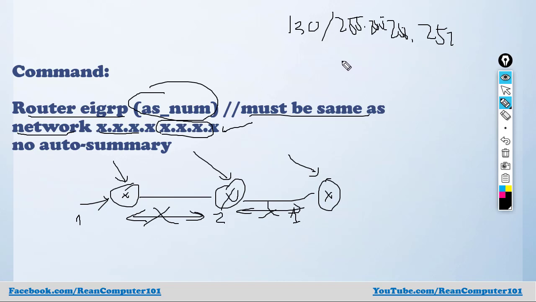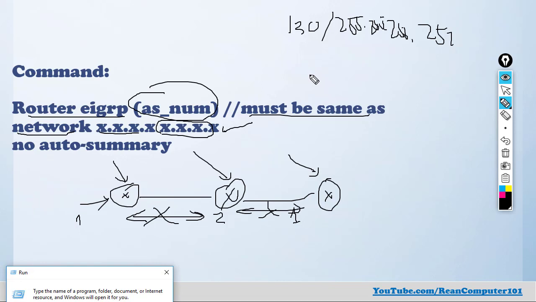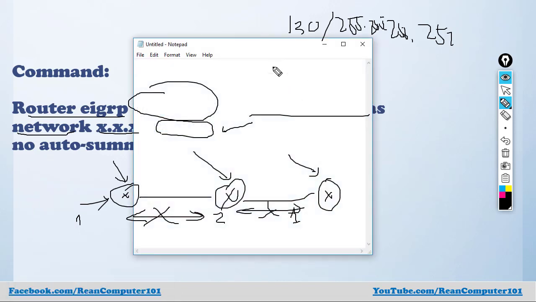So how can we find the wildcard mask? Let me use the notepad a little bit.